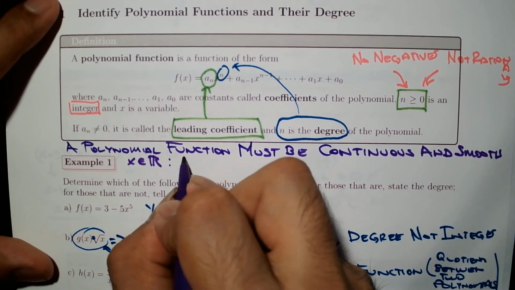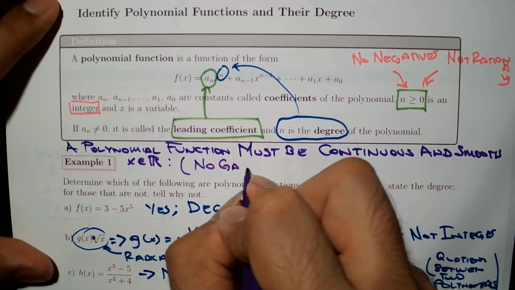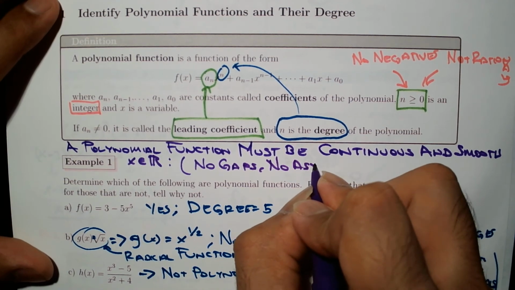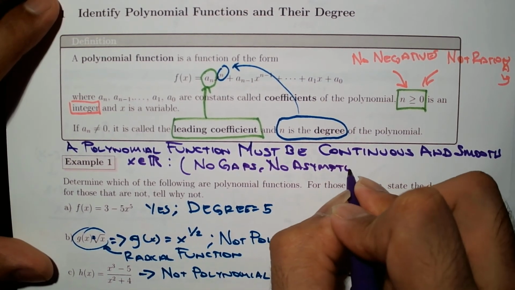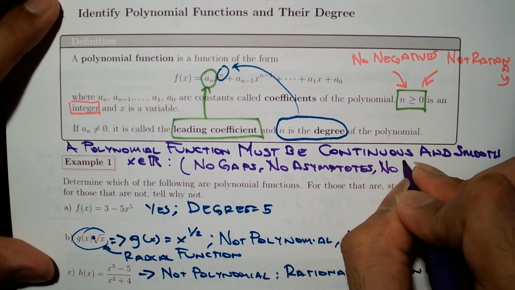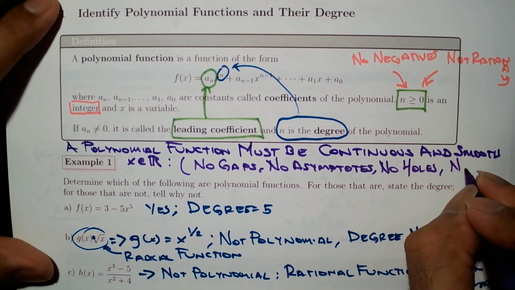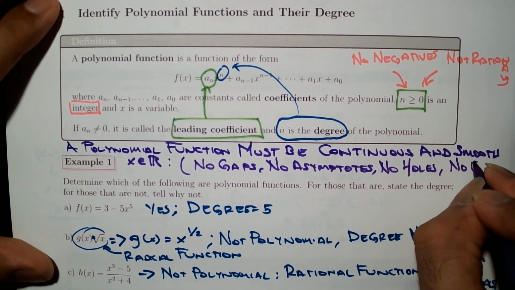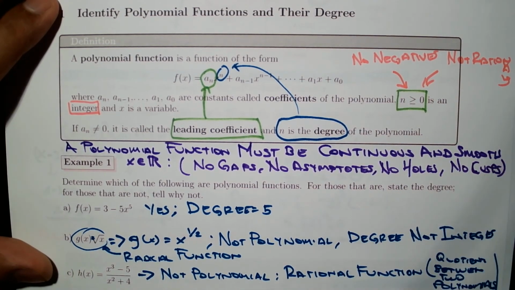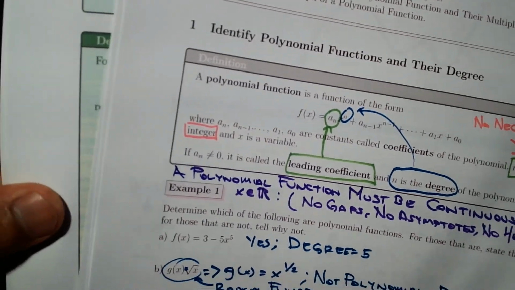That is, no gaps, no asymptotes, no holes, and no cusps. What is a cusp? A cusp is a sharp corner. We're going to find out how those look over here.